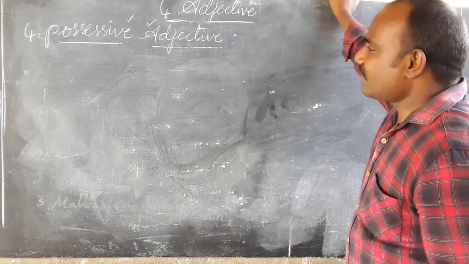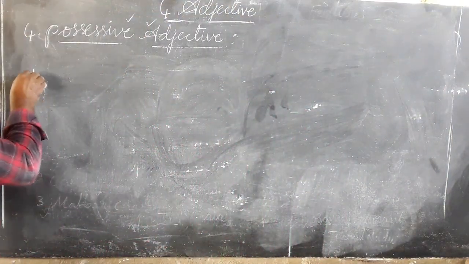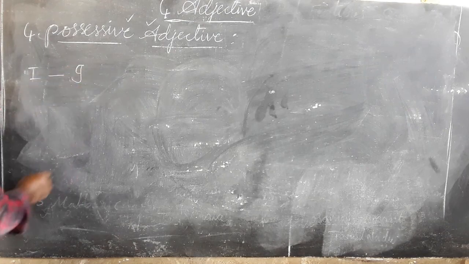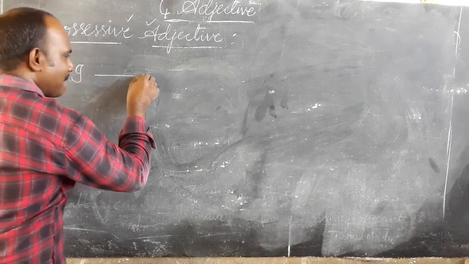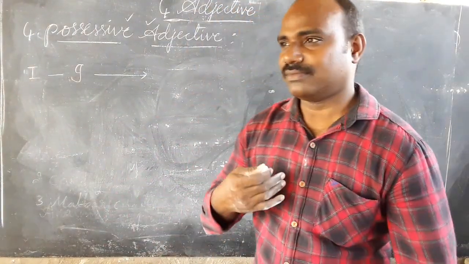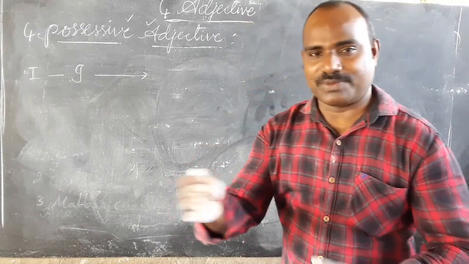Right. Possessive adjective. First person. See, first person singular I. I, the speaker. First person plural we, of course.